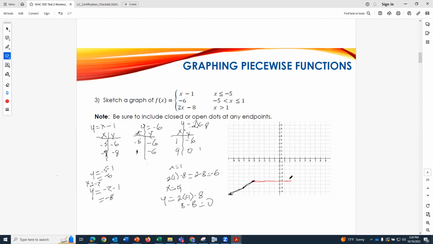And this is supposed to have a closed circle as well. And the last one, for x equals 1, y equals -6, same thing. And for x equals 4, y equals 0. 1, 2, 3, 4, y equals 0. And this is the line.